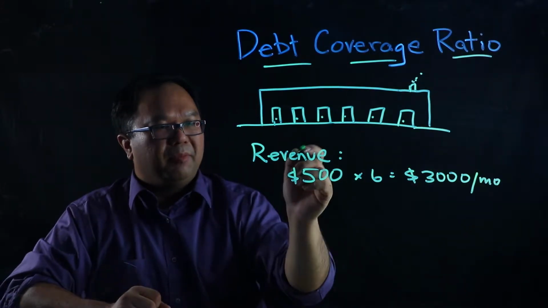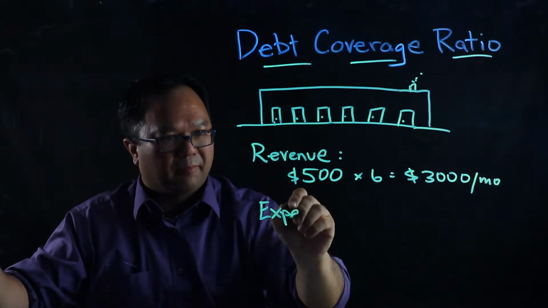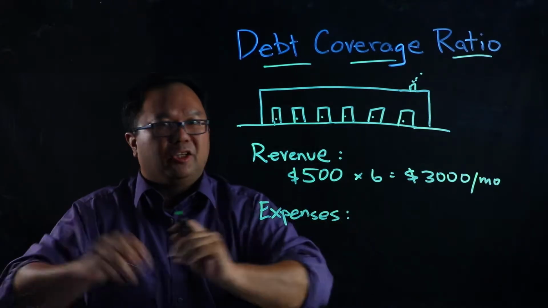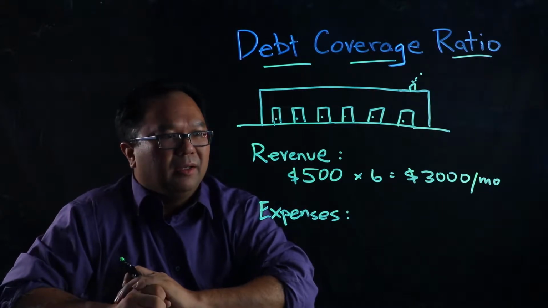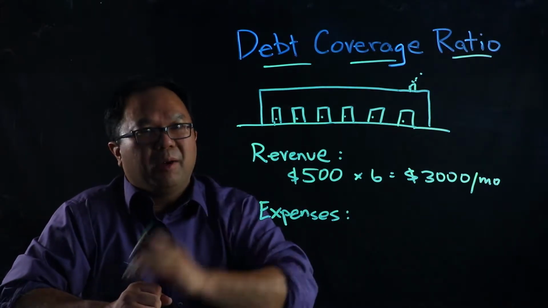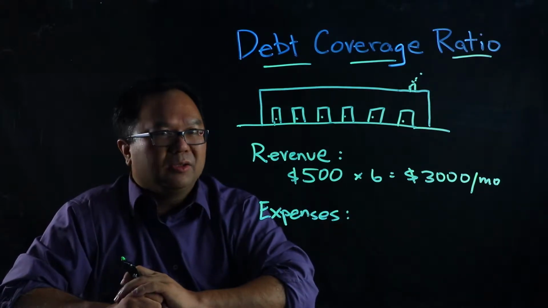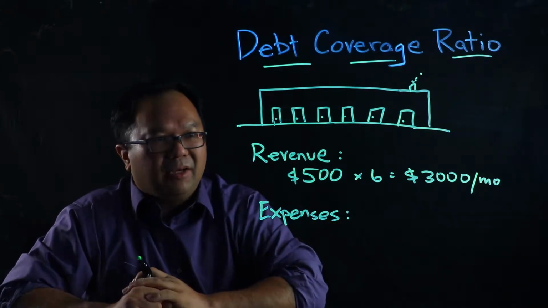And then from there you look at the expenses, and of course the expenses include the utilities, the property tax, property management, the insurance on the property, and capital expenditures, and a host of other things that we have to take into account when we're calculating our cash flow.